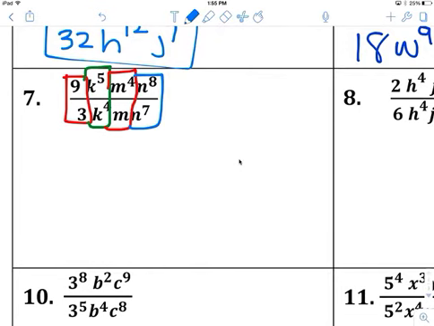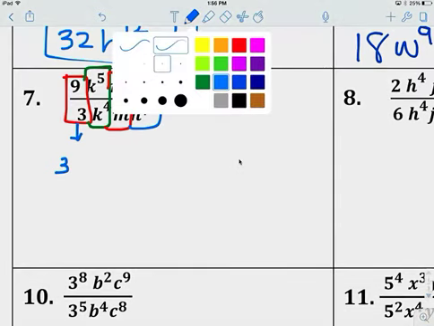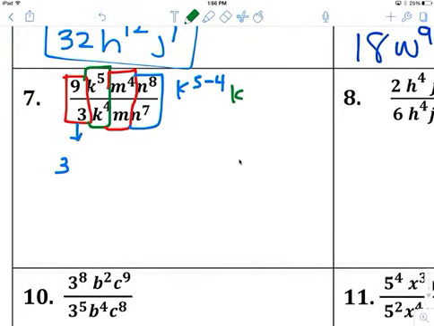Okay, problem number 1, 9 over 3 is reduced to just 3. The next one is k to the 5th and minus k to the 4th, right? Which is k to the 1st. So it's just k. Next one is m. I'm doing this one here right now.